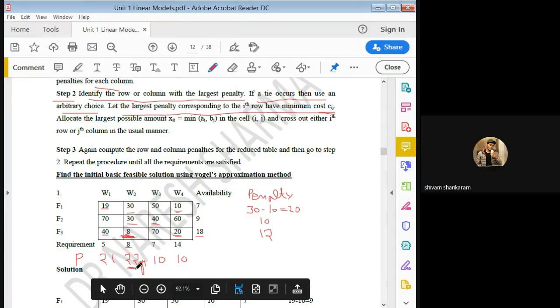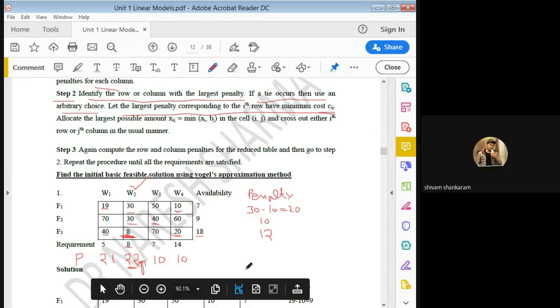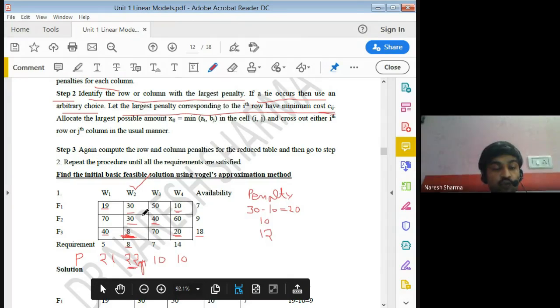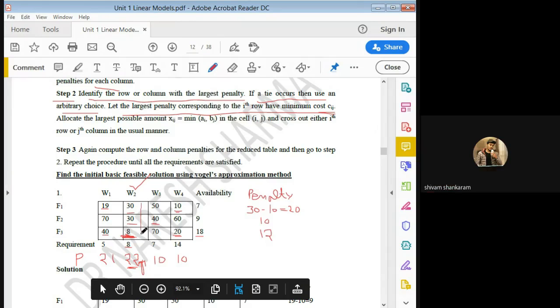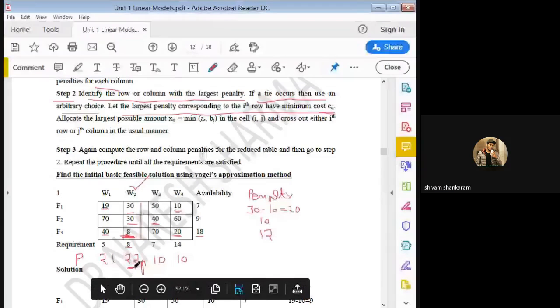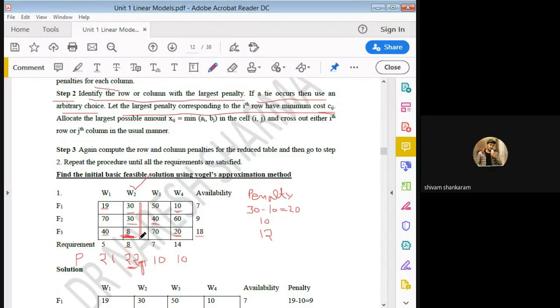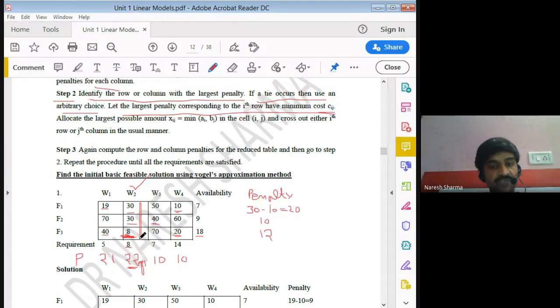After that you select the column having this maximum penalty. It may be either a row or a column. In our example it is the second column. So choose the minimum cost from the second column only. The minimum cost in the second column is 8.